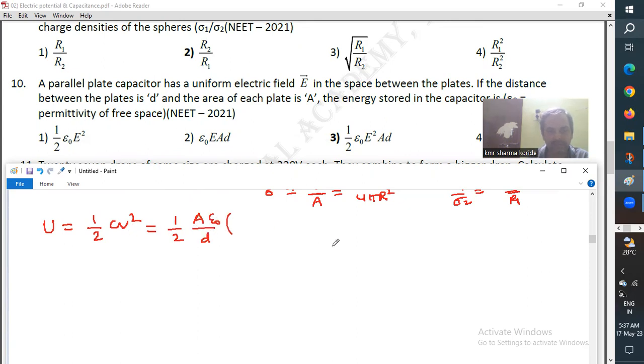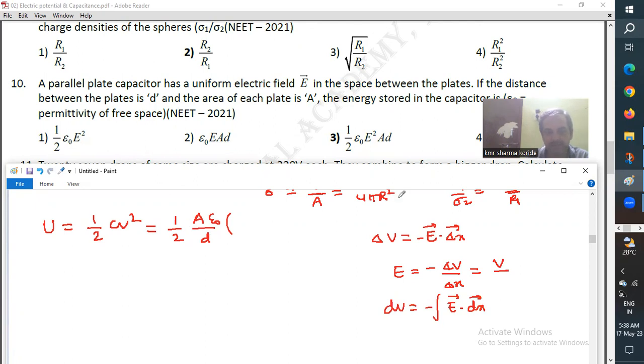Get back the relation between potential difference and intensity of electric field: potential difference is equal to E into delta X, an example of a dot product but with a negative sign. So E is equal to delta V by delta X, also called the potential gradient. Of course, this is an example of integration also: dV is equal to minus E dot dx. For this particular situation, you treat delta V as V only.